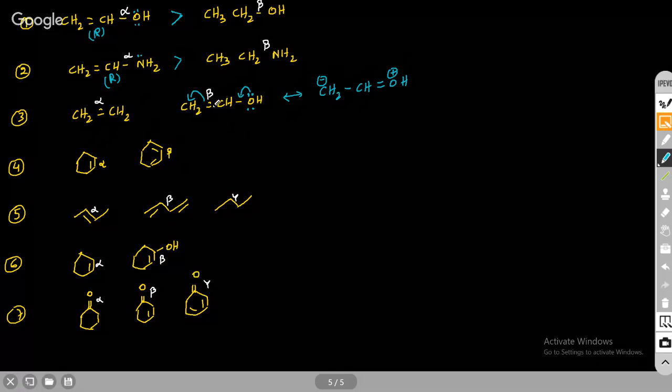It means the bond order of beta will be greater than 1 and less than 2. But the bond order of alpha is exactly 2 because there is no resonance here, an integral value. Hence alpha has more bond order than beta.